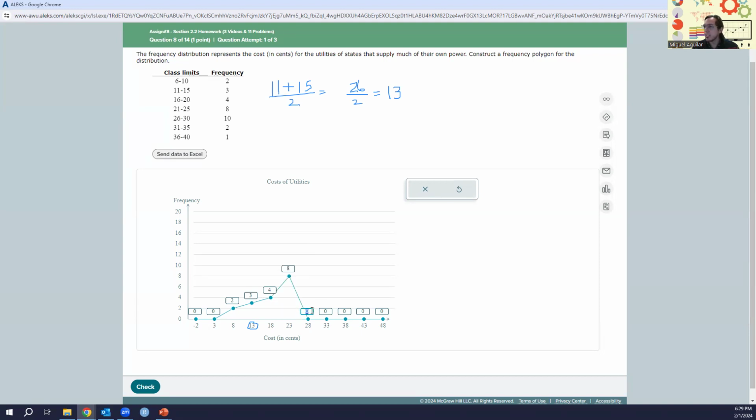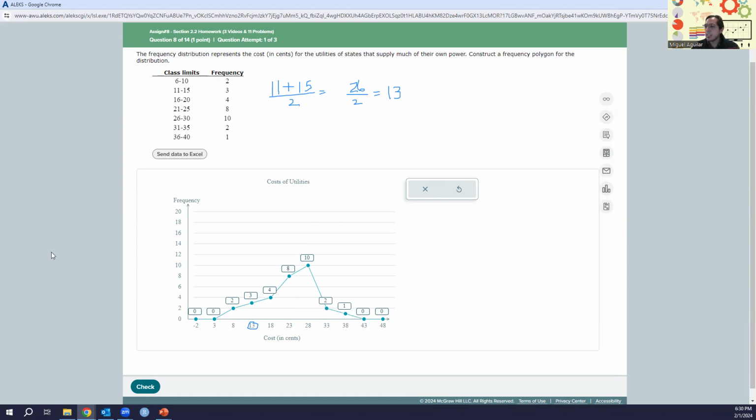The midpoint for 26 and 30 should be 28, so I'm going to plot 10 there. The midpoint for 31 and 35 should be 33, so I'm going to plot 2 there. And finally, the midpoint for 36 and 40 should be 38, so we'll plot a frequency of 1 there.